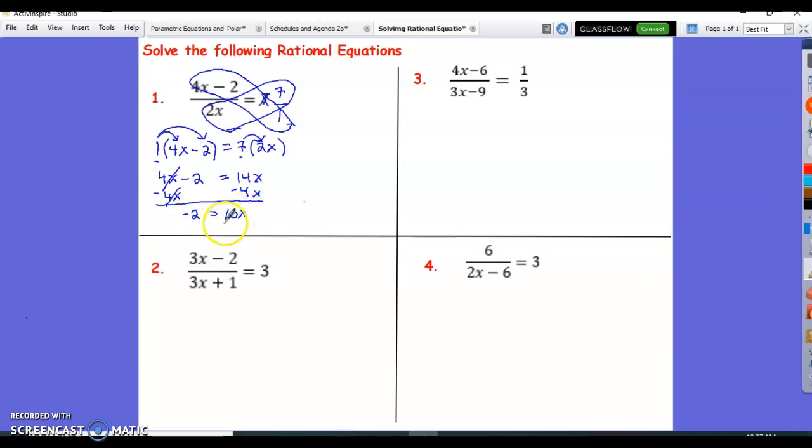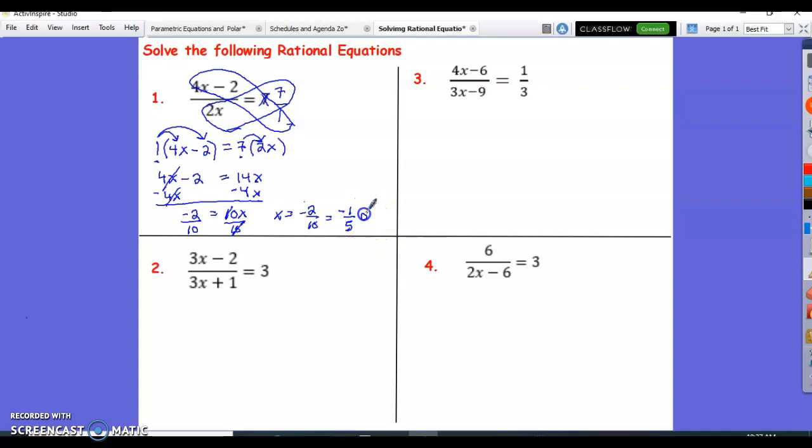Since we're solving for x, we can divide both sides by 10. So you have this canceled out. Now you have x equals negative 2 over 10. And since negative 2 over 10 can be simplified by dividing both the numerator and denominator by 2, it should give you negative 1 over 5.